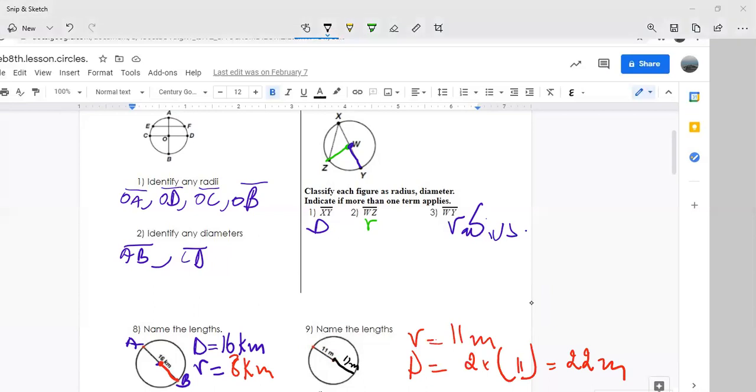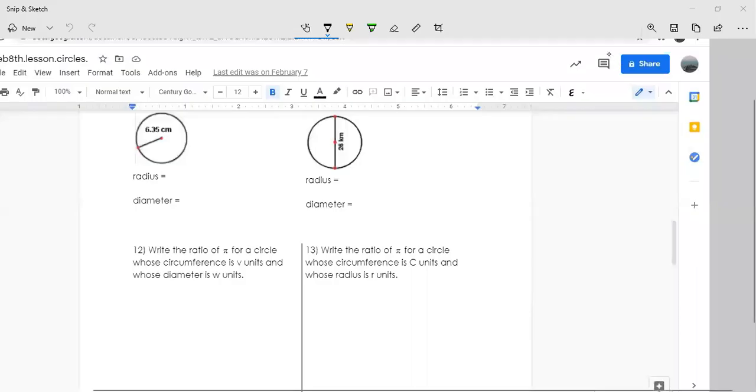Let me scroll up. The next question gives us a circle, and there's a line that goes from the center O to, let's say, A, which makes the radius.